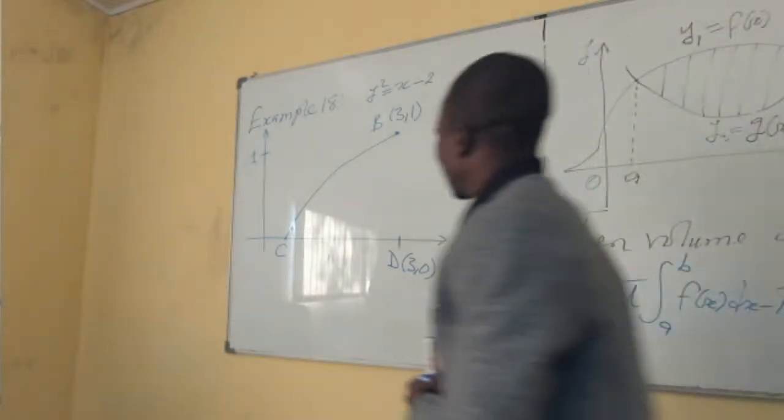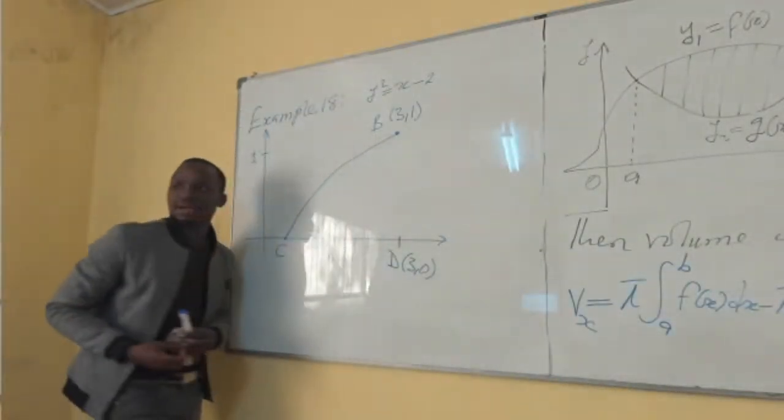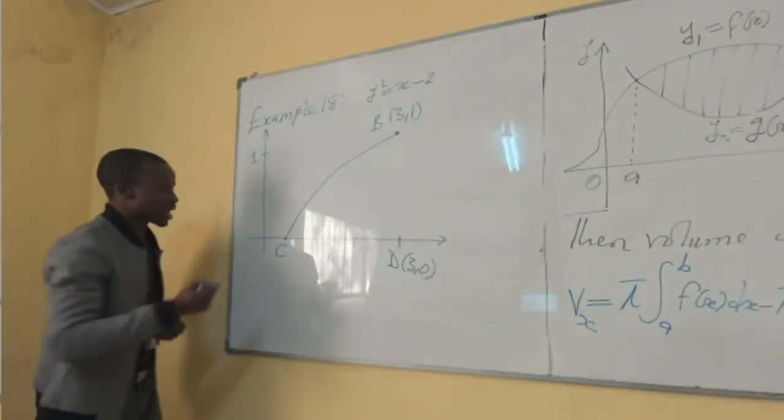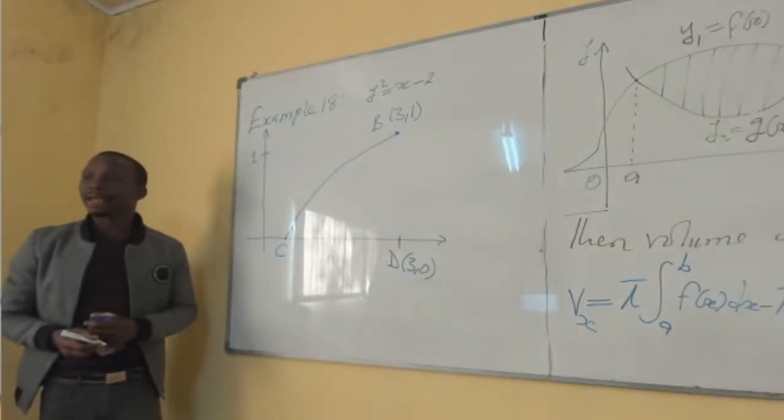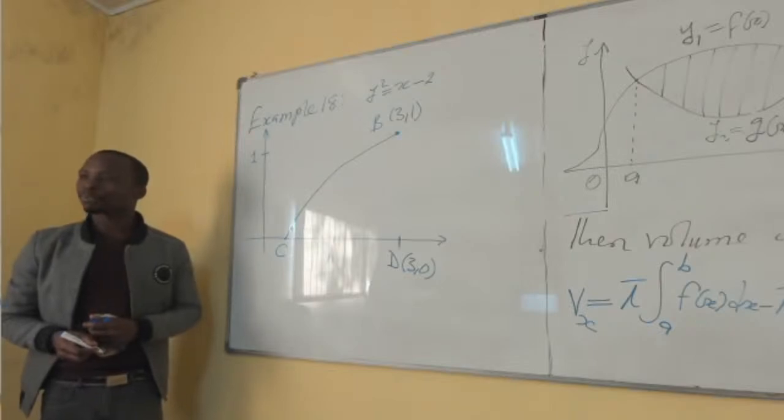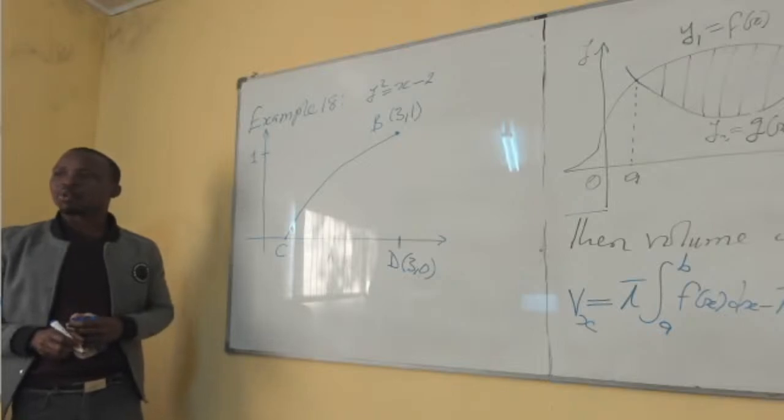Okay. CD is the tangent to the curve at a point B, with gradient 1 over 2.